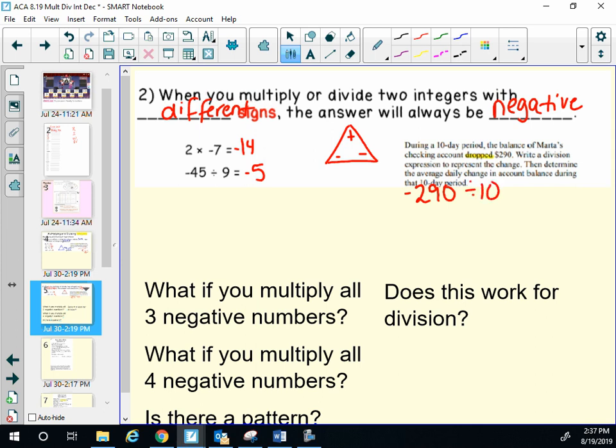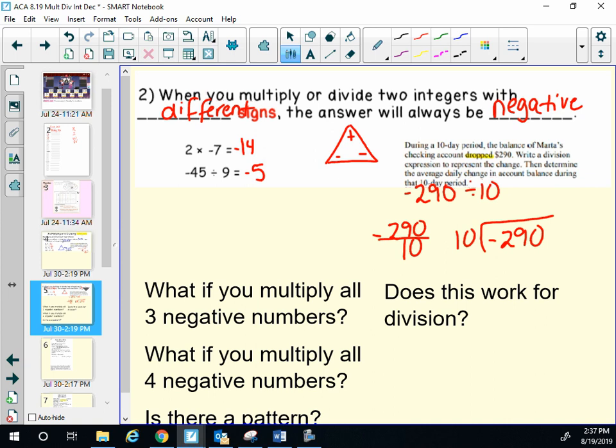So sometimes we write it like this. A lot of times you'll see me write it like this. Is that the same thing? Yes. What about this? Yes. We're dividing negative 290 by 10 all three ways.